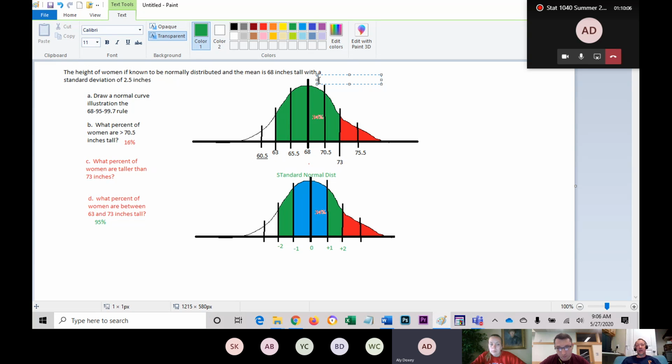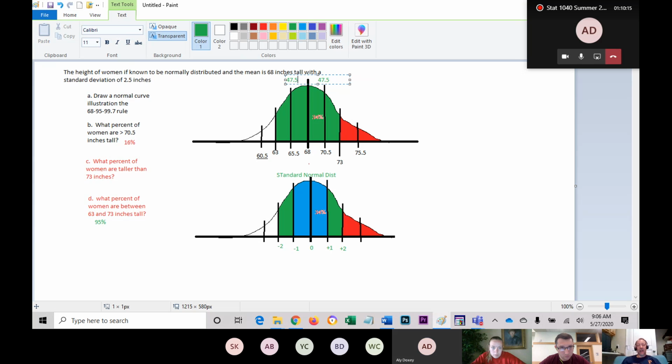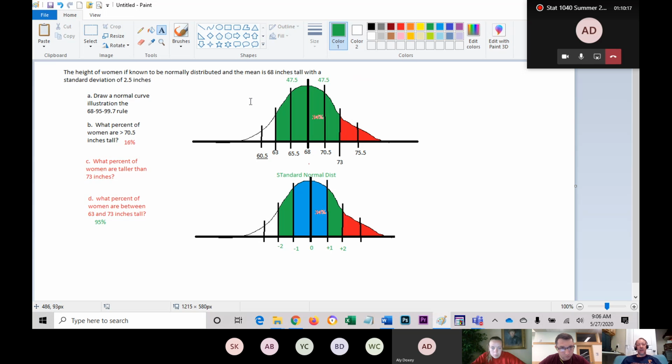One second. It's 47.5. 47.5%. So I've got 47.5% on each side of the mean in the green area, okay?